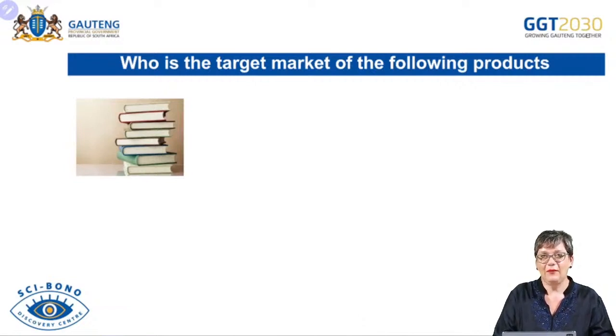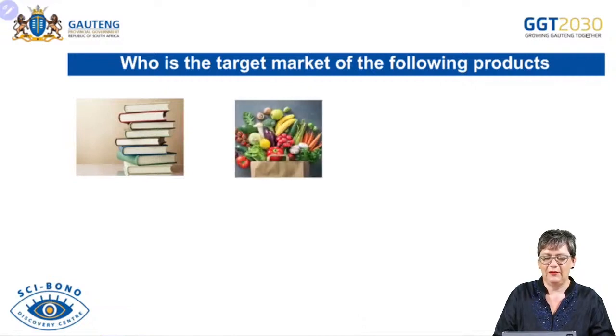Whatever you're saying, make sure you explain your answer. Let me explain the next one. We've got vegetables and fruit in a little basket. In this case, the target market would obviously be people who want to live healthy. Be careful. You can never say just people. You have to explain what kind of people.